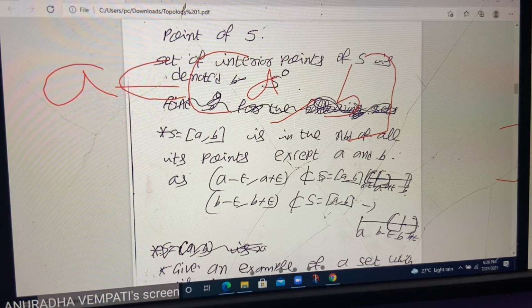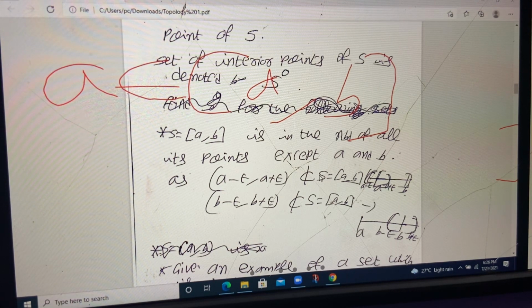Here three statements are correct: A belongs to S, S is not in the neighborhood of A, and A is not an interior point of S. Therefore, the belonging-to concept is very important and different.